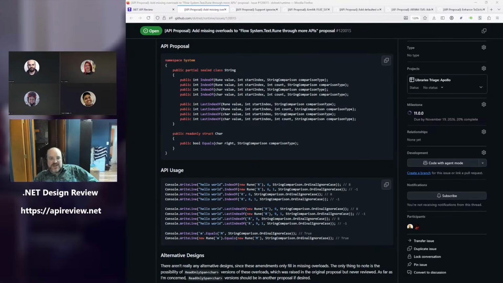Which means renaming these counts everywhere to length would not break anyone, but it is a breaking change that I don't think we can justify other than being like, grr, whoever was involved in naming things 20 years ago. How dare you?